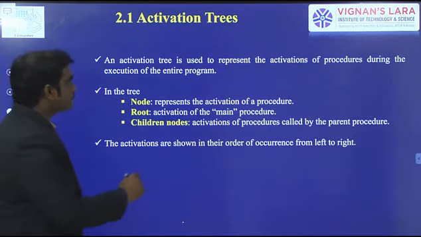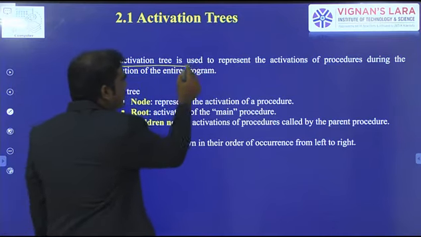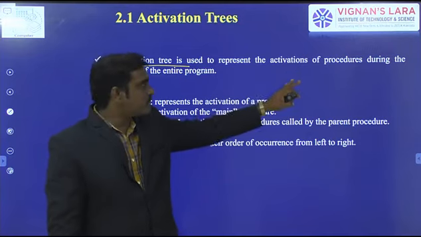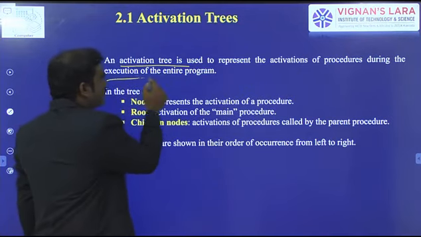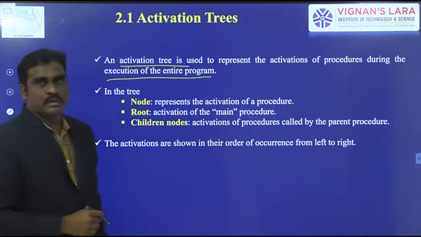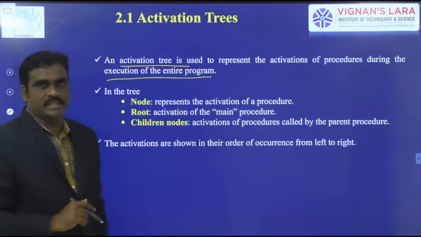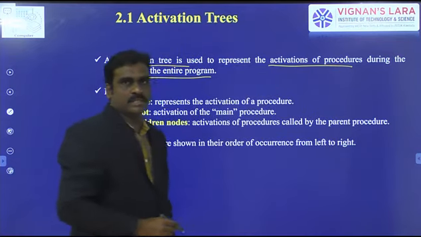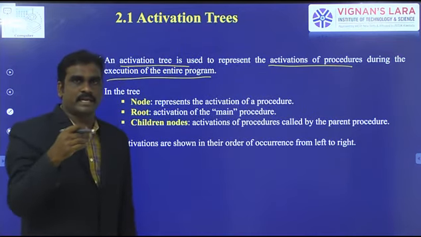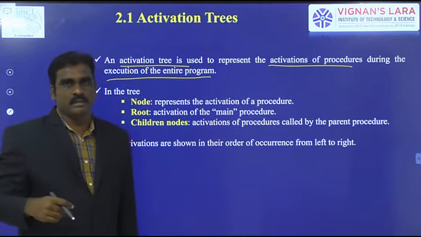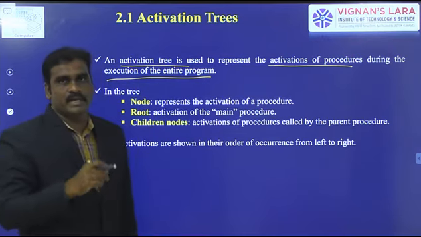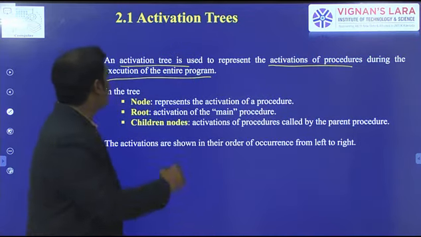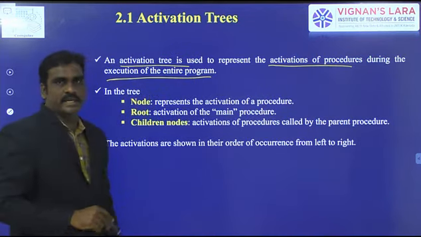And also here, an activation tree is used to represent the activations of procedures during the execution of the entire program. You know, the program contains more than one procedure. So with the activation tree, we are mainly concentrating on the activations of procedures during the execution of the entire program.